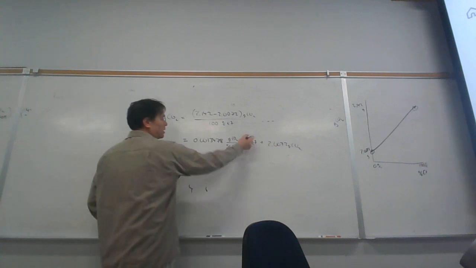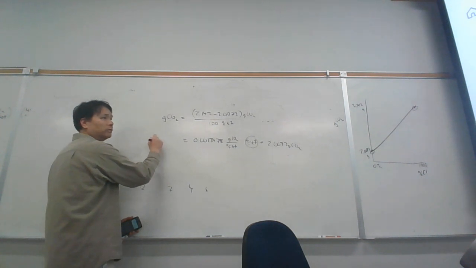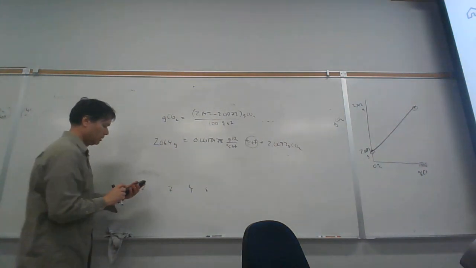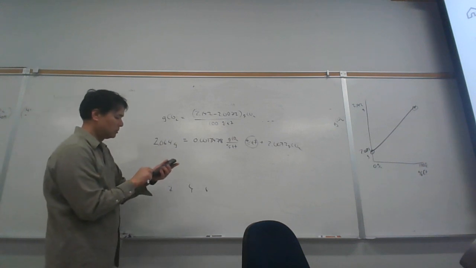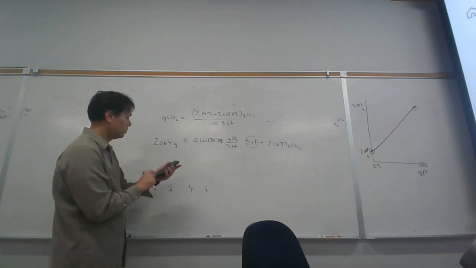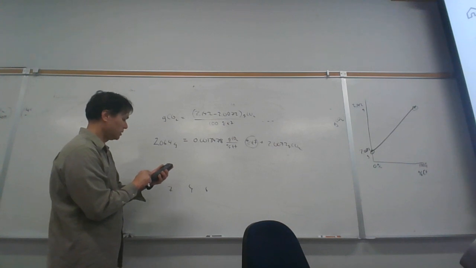So we'll solve for the percent ethane. So we're going to plug in here how much CO2 we got, 2.064 grams. So we'll do 2.064 minus 2.0072 divided by 0.001348.